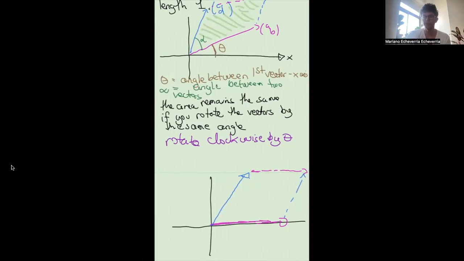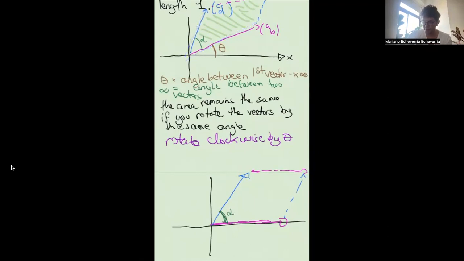This is the angle between the blue and the pink vectors, right? So what should that angle be here? It should just be alpha, because alpha was the angle between these two vectors.